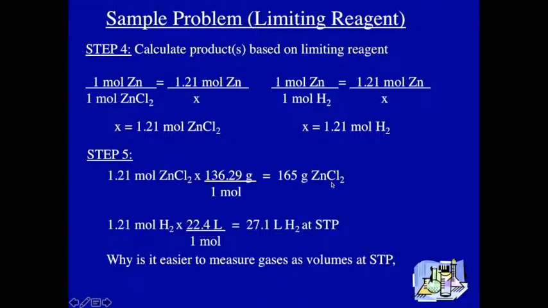And then if I were able to measure my hydrogen at STP, 1.21 moles of hydrogen gas times my conversion is 22.4 liters of any gas, not any substance, but any gas at STP. I would get 27.1 liters of hydrogen gas at STP. Now, the question of why it might be easier to measure gases as volumes at STP is because it's very hard to put gases on a scale and weigh them.